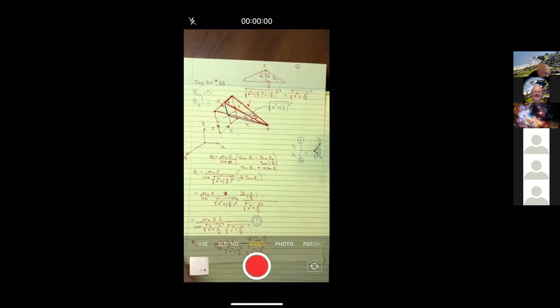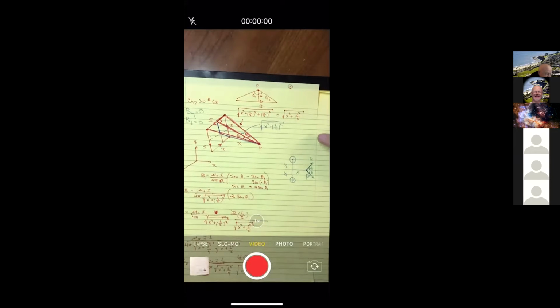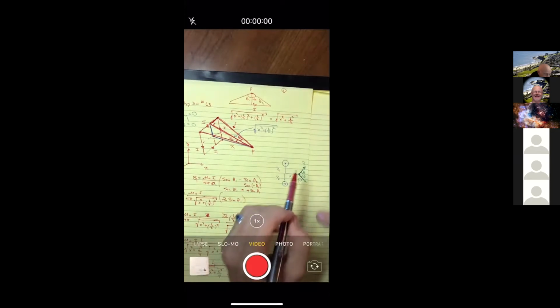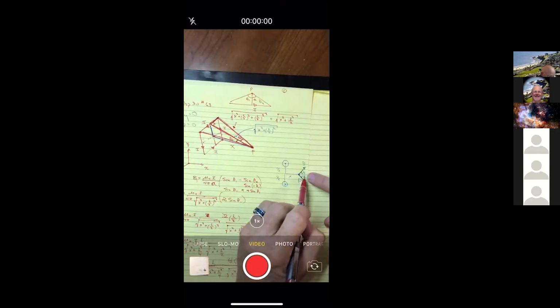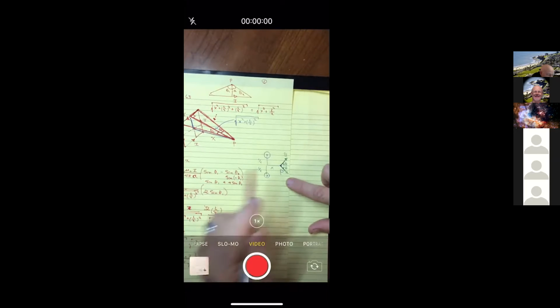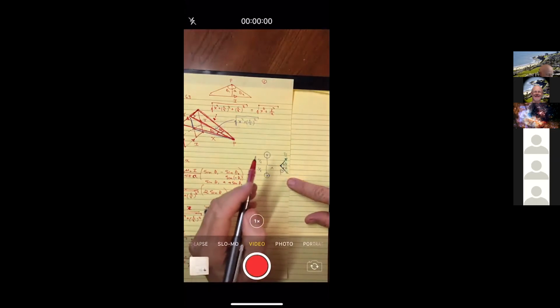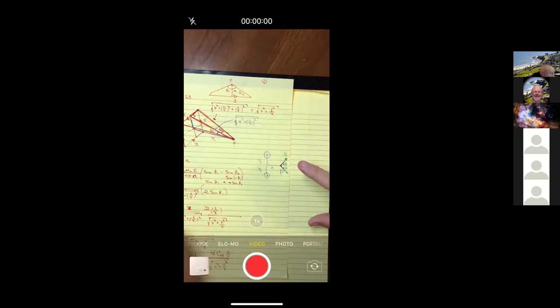To do that, we need to come back to our picture. Of course, I drew the picture here as a cross section, as this is theta. Let me continue with that cross section.